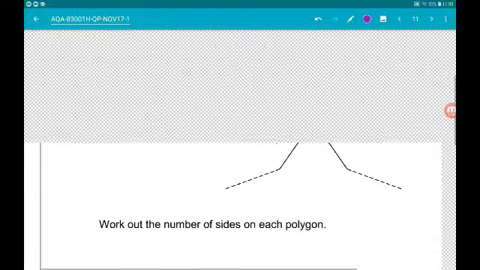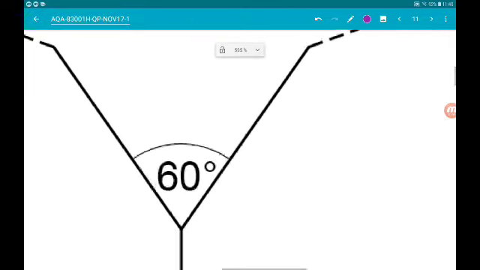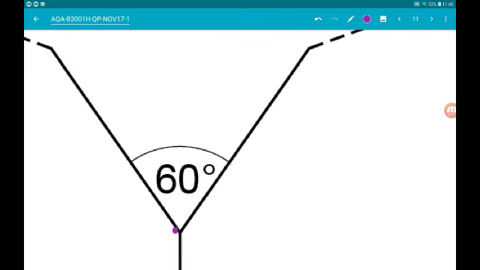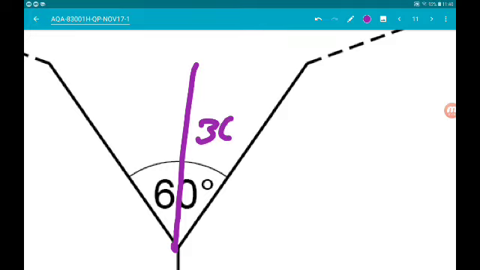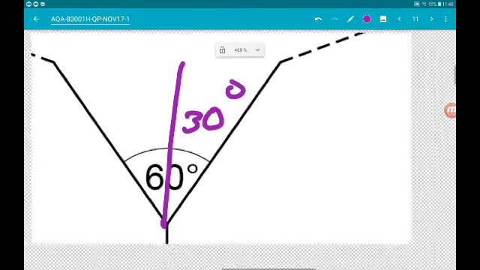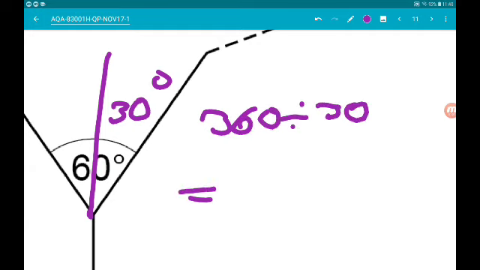So we can get an external angle from this just by halving 60. So then we do 360 divided by 30, which gives us 12 sides.